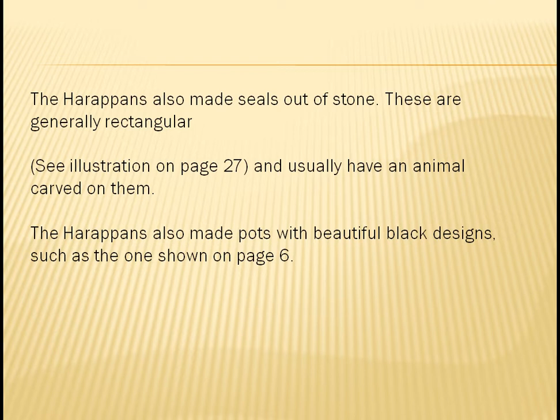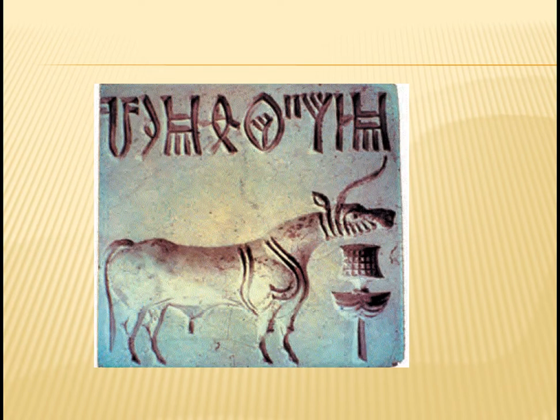In the textbook also you can see, they usually have an animal carved on them. Earlier we had seen the symbol of the seal. So next, the Harappans also made pots with beautiful black designs such as shown on page number 6. Let's check out, this is the seal.